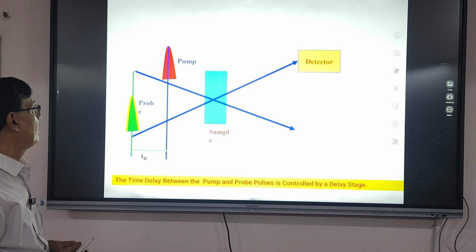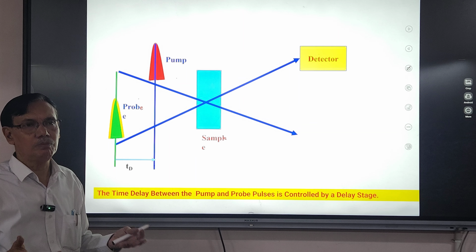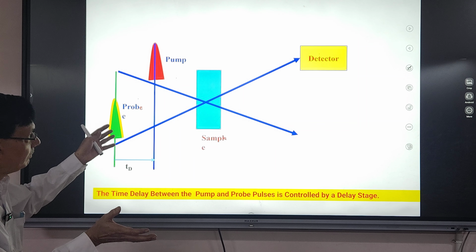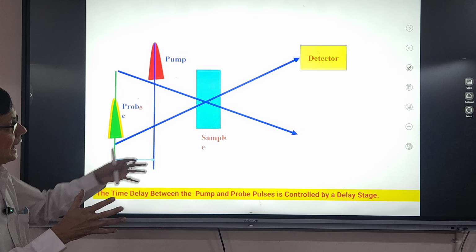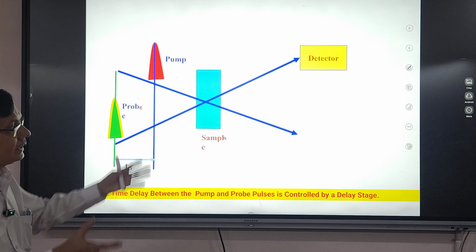In the last part of my lecture, I will discuss what type of laser we can use. You can ask me, sir, what type of laser you will use and how that beam is split. I will show you the actual diagram. There are some instruments also available nowadays. I will show you some of the instruments which Ahmed Zewail used at Caltech.